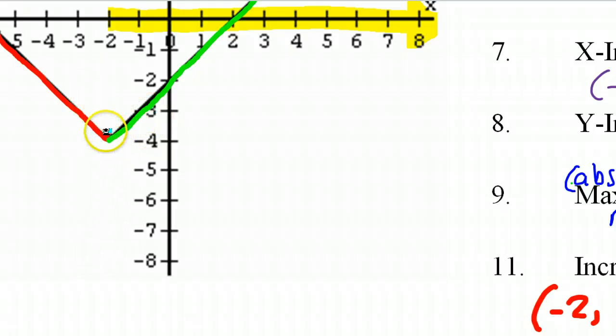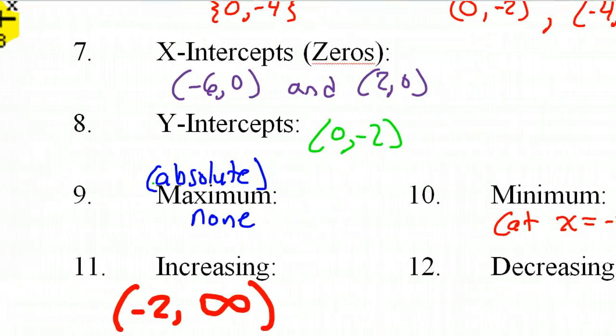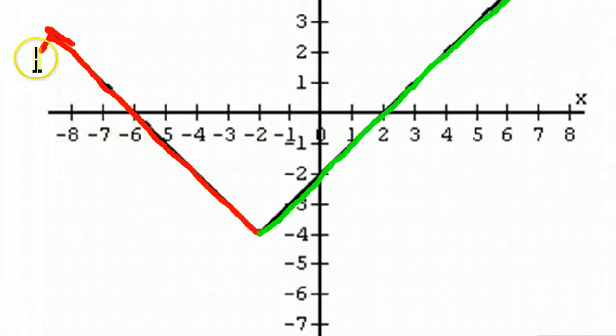Now how about decreasing? This red indicates the decreasing part of the graph because it was downhill from left to right. But again, we want the x values. When I ask you for the interval of decreasing, I'm talking about the x values.